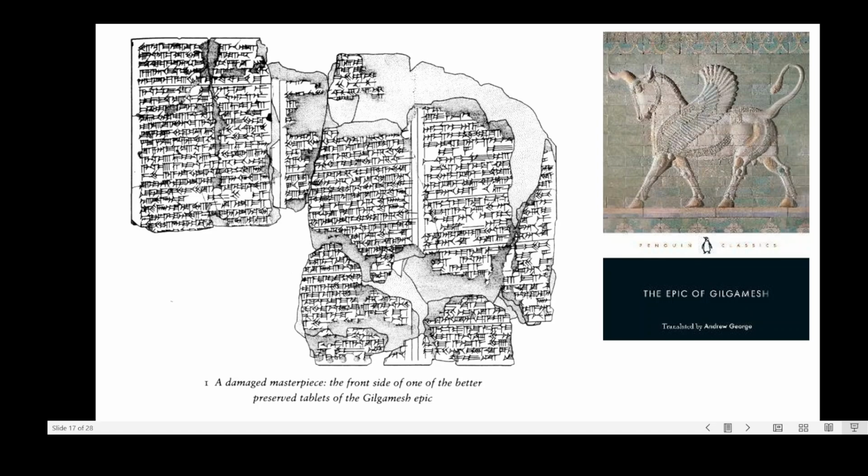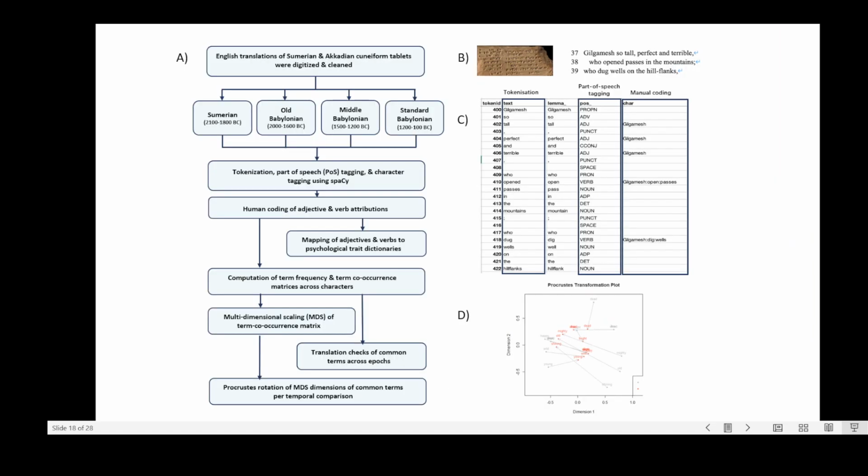We were not able to use computational tools all the way the same way we did for the other project. So what we had to do is use some combination of both human coders and computational tools. We used the English translations by Andrew George for the different time periods.